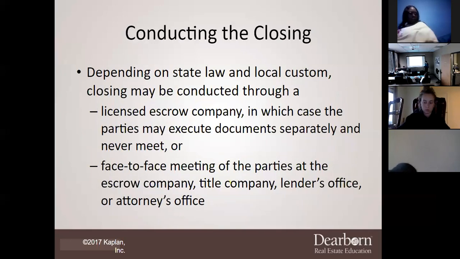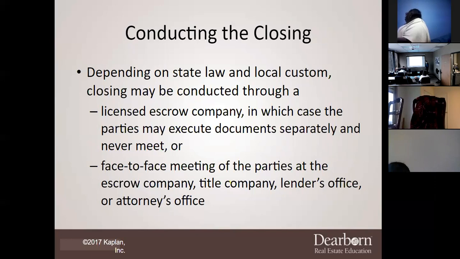And now we're getting to actually conducting the closing. Depending on state law and local custom, closing may be conducted through either of these two things. A licensed escrow company, in which case the parties may execute documents separately and never meet.